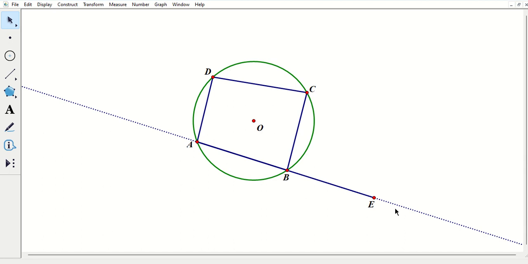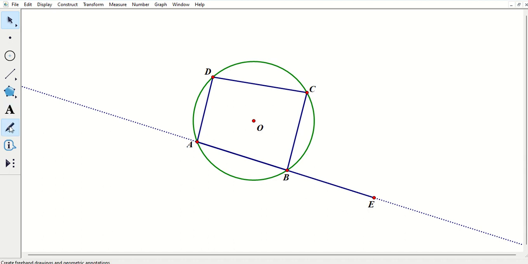The same thing that I've done here is to take a side AB and produce it outside, hence creating an exterior angle. Okay, fine.